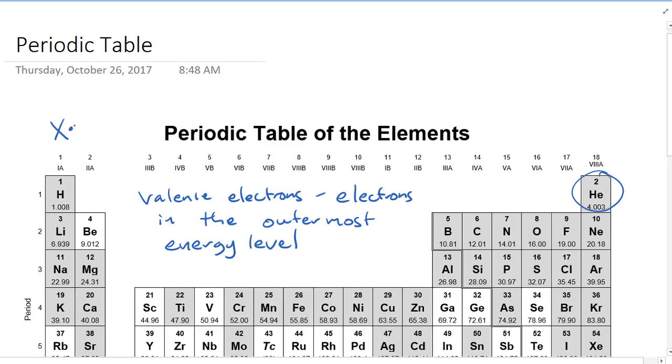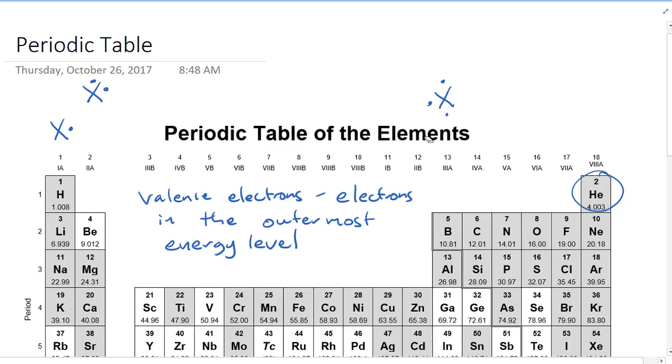Elements in group 2A then would have 2 dots. Remember, now we're skipping over the transition elements and we go over to group 3A. Group 3A would have 3 dots. Again, where we place those 3 dots doesn't matter as long as we're placing one dot on each side before we double up.